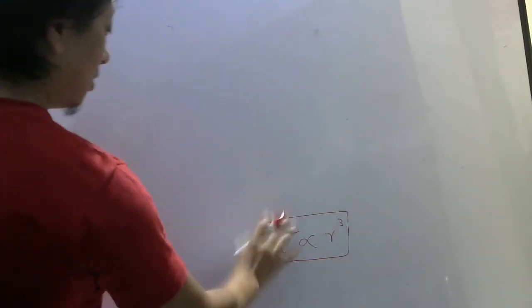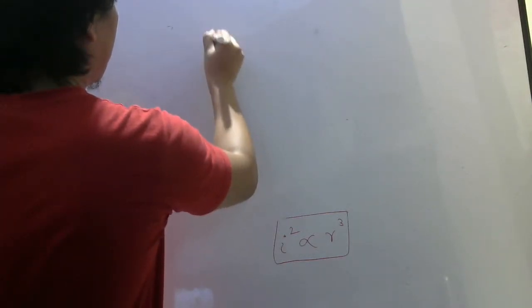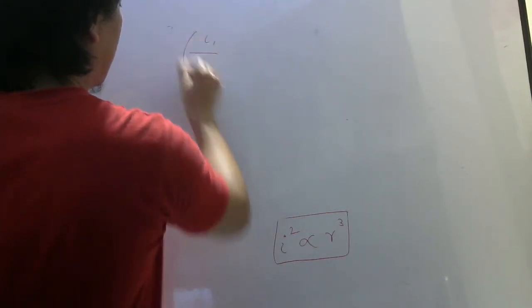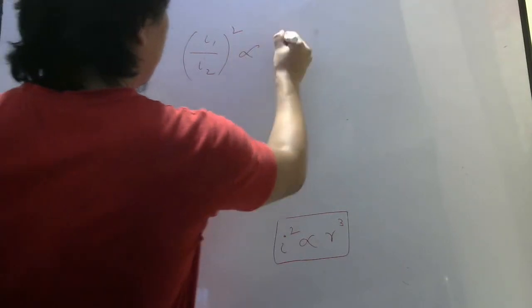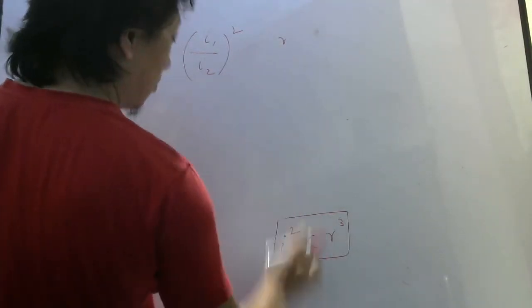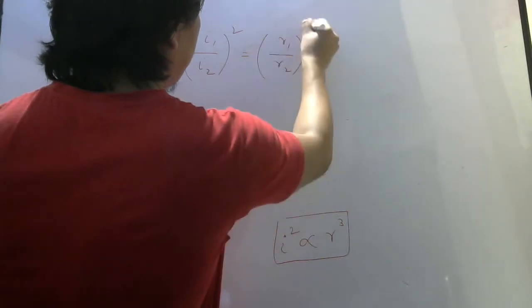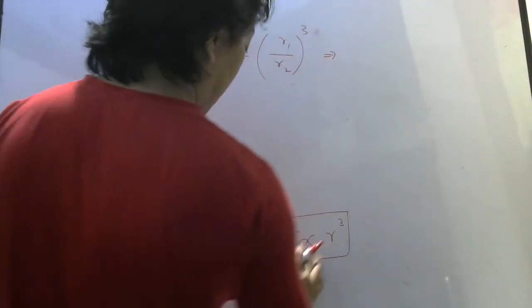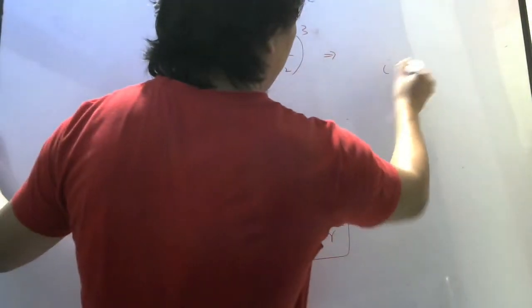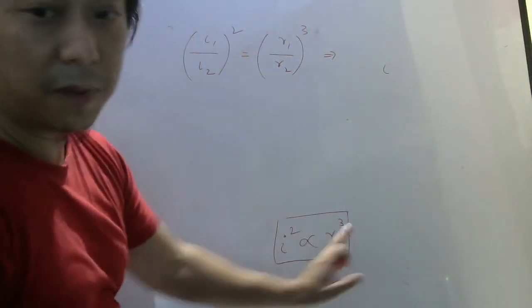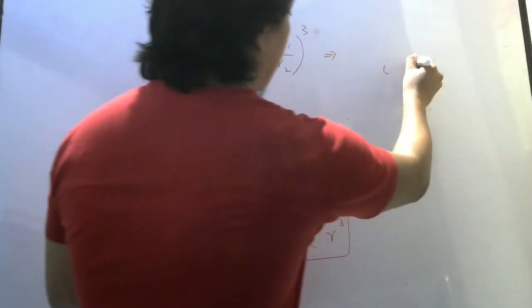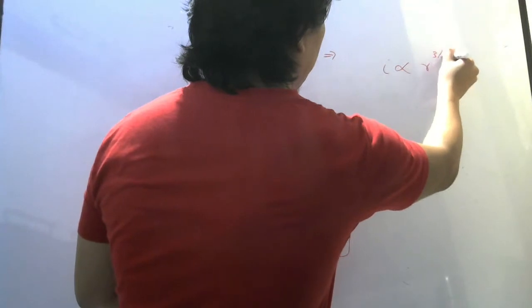Okay. So it is very clear that I1 by I2 whole square is equal to, because it is proportional, R1 by R2 cube. Sometimes they may ask you just proportionality: your current is proportional to what power of radius? That time you have to write R power 3 by 2.